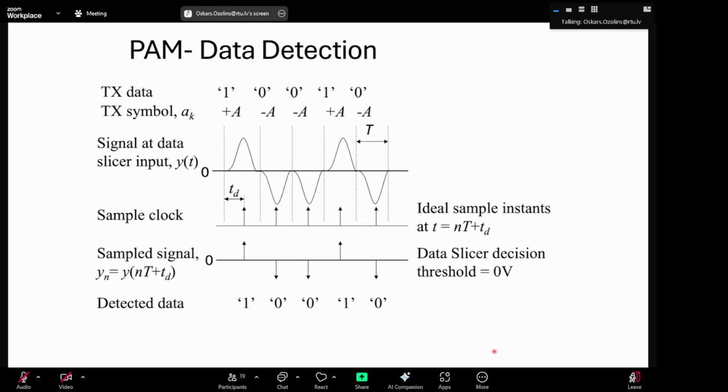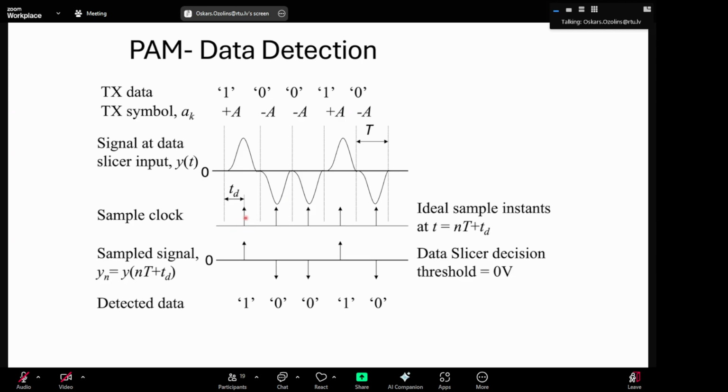So here is just a visualization: you have transmitter data, then you have a symbol. Here we have two symbols, plus A and minus A in this representation. Then here is an impulse duration, which is related to the symbol rate or bandwidth of the symbol. So you have positive or negative pulses.